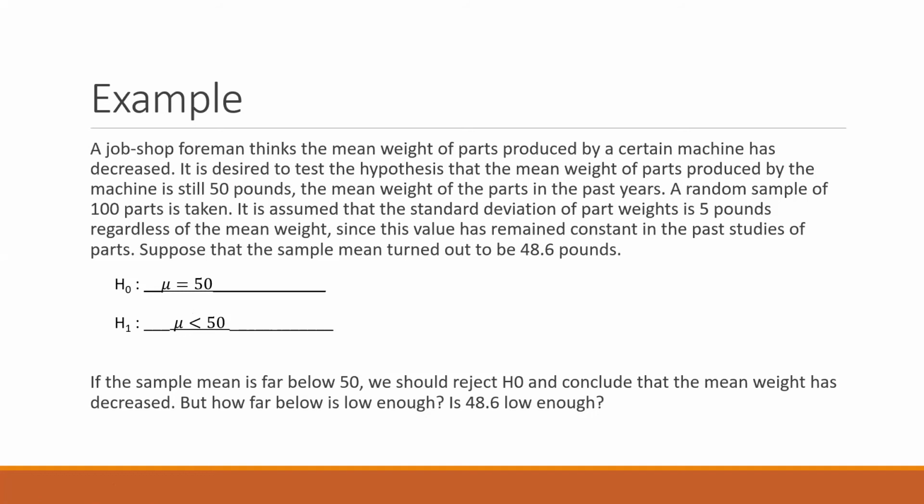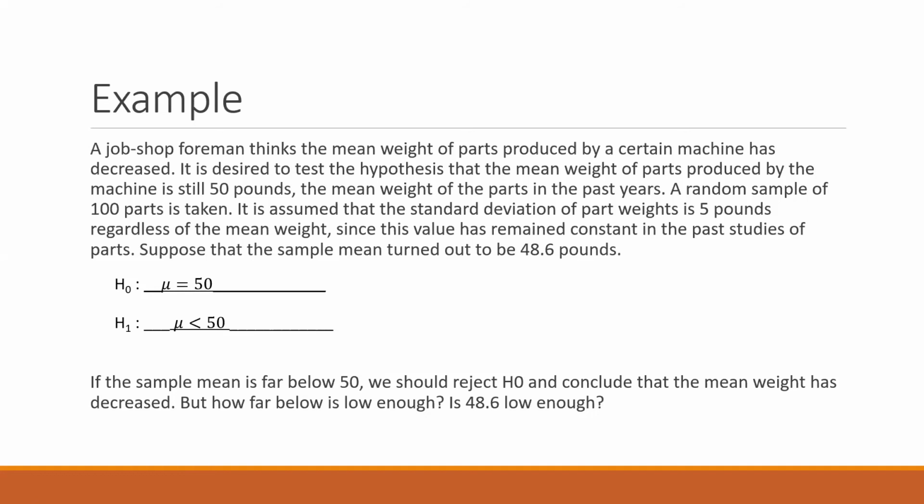Now, if we assume the machine is acting correctly, and we assume that the population mean is still 50, then the p-value tells us how likely we can find a sample mean to be 48.6? Or how likely can you find a sample mean this low, not even 50, not 50 at all, or not very close to 50, right?